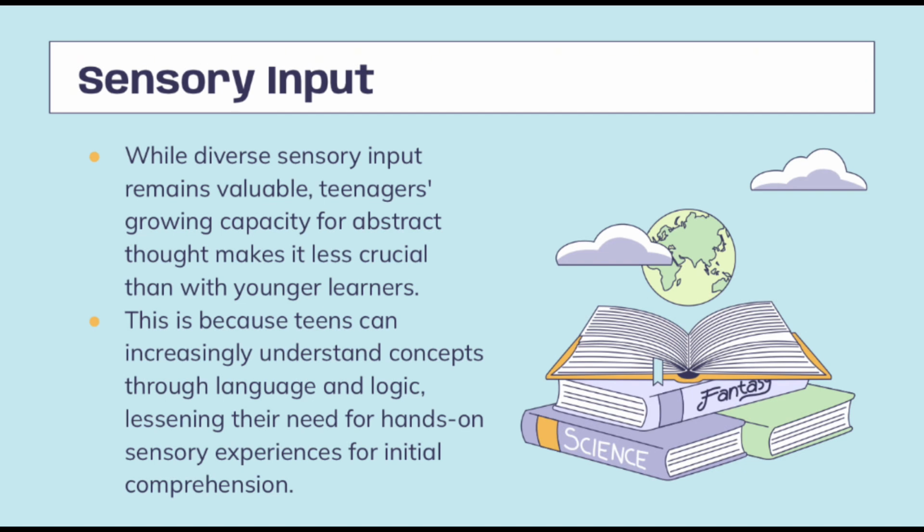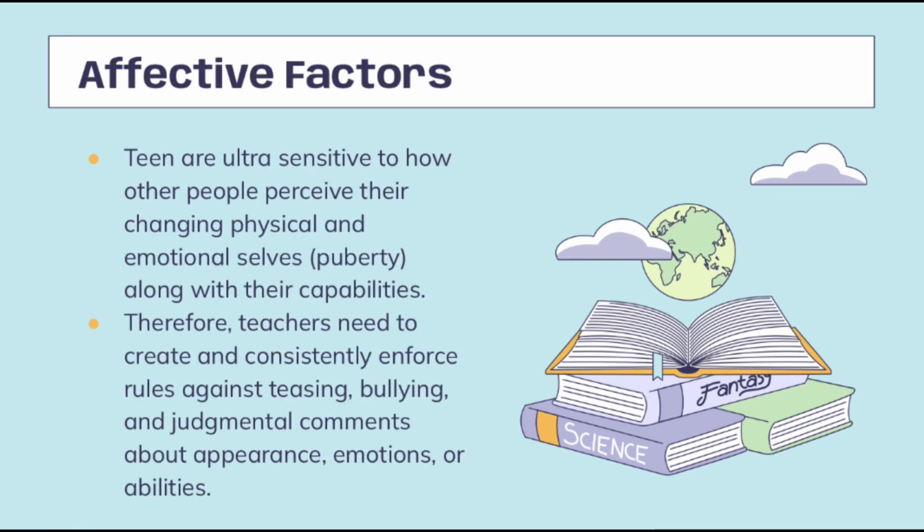This is because teens can increasingly understand concepts through language and logic, lessening their need for hands-on sensory experience for initial comprehension. As a result, they can grasp concepts more effectively through language and logical reasoning, reducing their dependence on hands-on sensory experience for understanding.